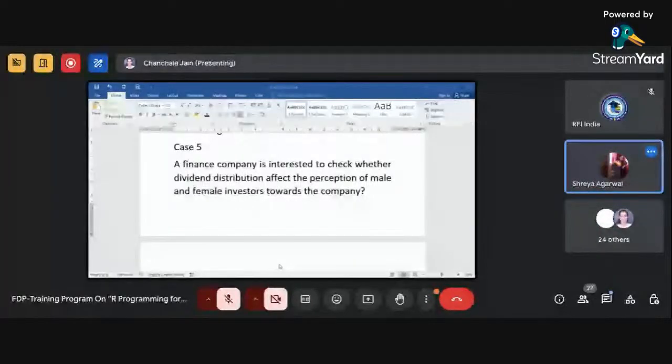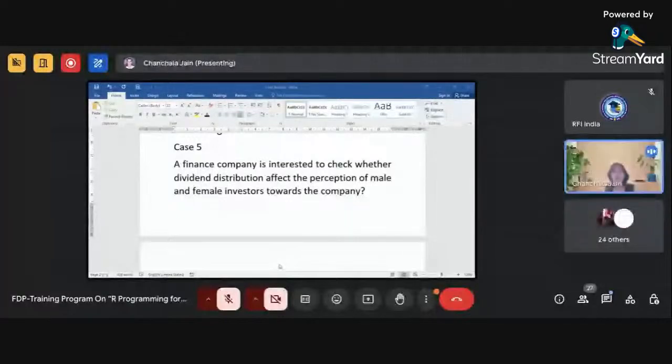No. It totally depends upon how we are considering the given variables, whether we are taking them as categorical or not. Take perception, for example. If I'm asking certain questions, such as whether dividends given by the company make me happy, with answers from strongly agree to disagree, it depends on what type of questions I am asking to measure the perception.